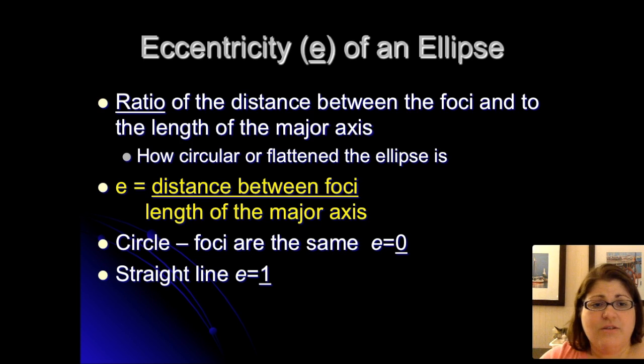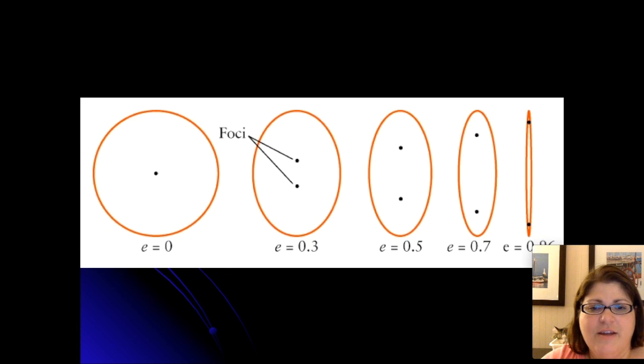So all of the eccentricities will fall between 0 and 1. Decimals close to 0 will be very circular, and decimals that are closer to 1, say 0.8 or 0.9, will be very, very elongated. As we take a look at these values, eccentricity of 0 is a perfect circle. As our numbers go up, our ellipse becomes flatter and flatter and flatter.